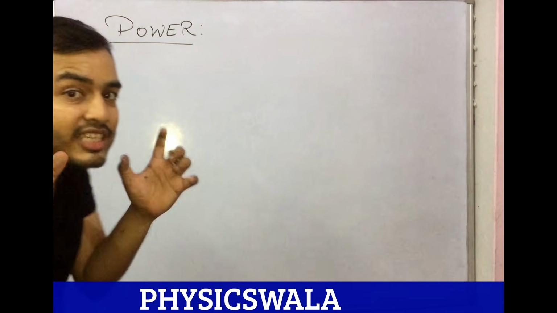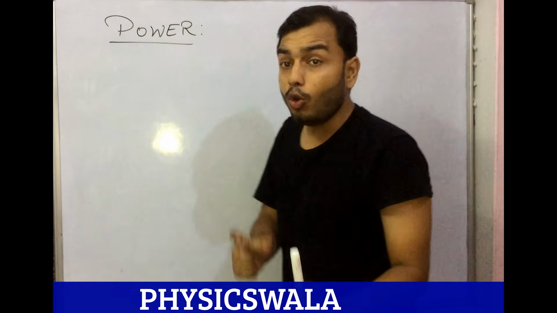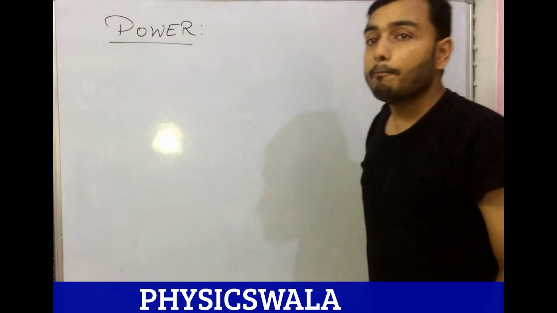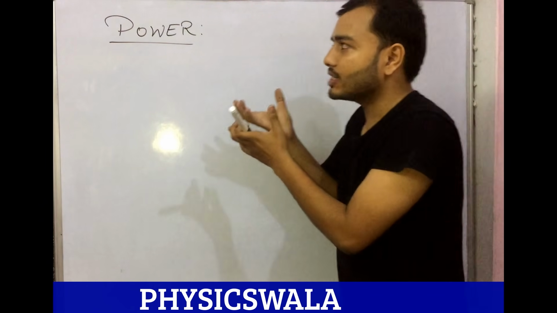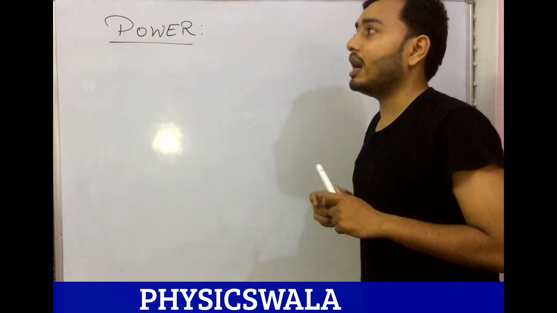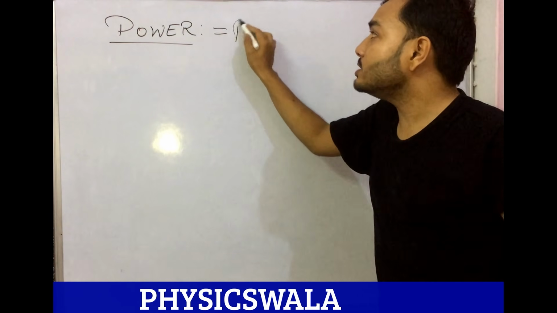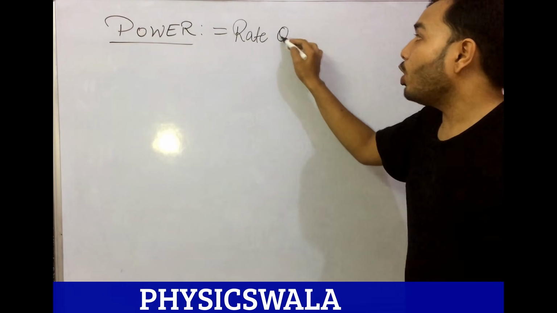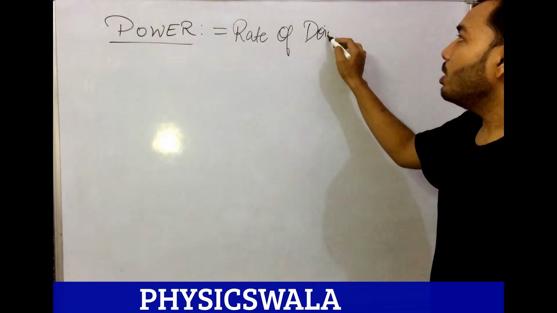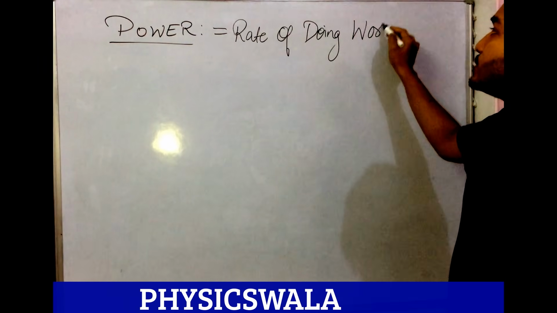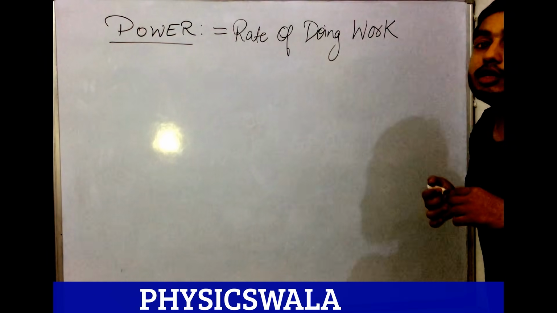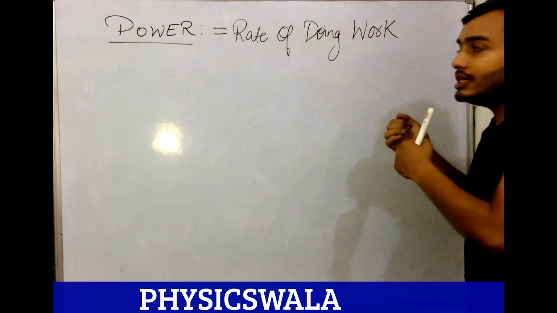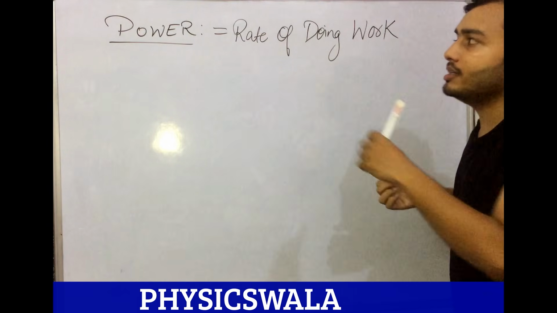Okay students, now I am going to tell you what is power. Someone pronounces it differently, but it is actually power. So what is power? Power is defined as the rate of doing work. At what speed the work is being done.